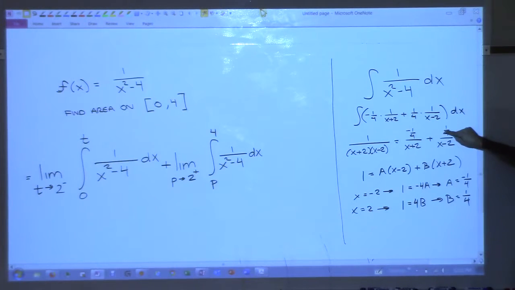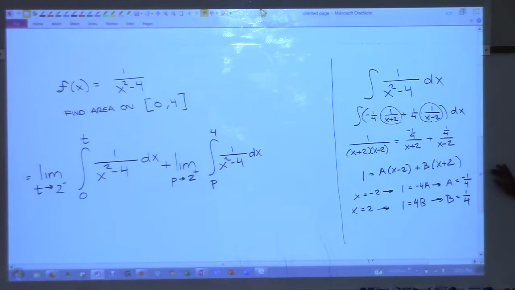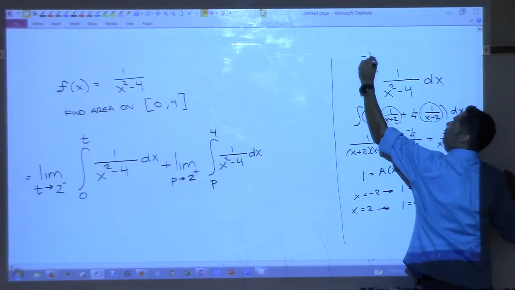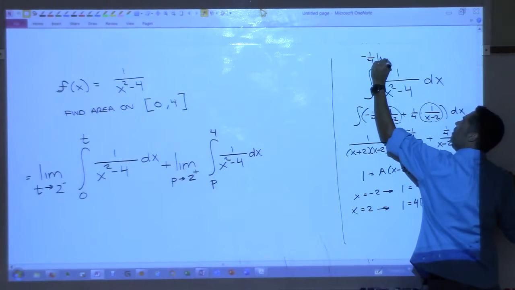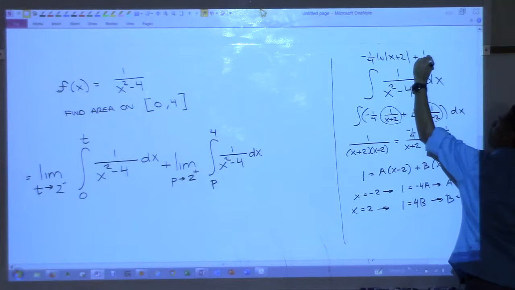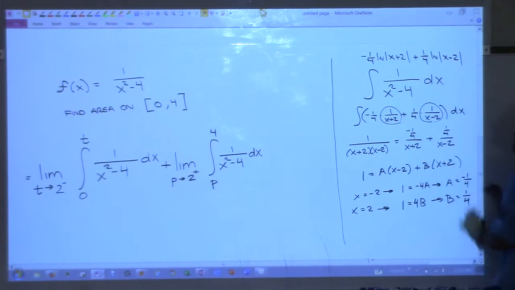The reason I'm taking the 1/4 out is that I can do the antiderivatives of these in my head. So what's my final answer here? The antiderivative is negative 1/4 natural log of x plus 2, plus 1/4 natural log of x minus 2, plus C.